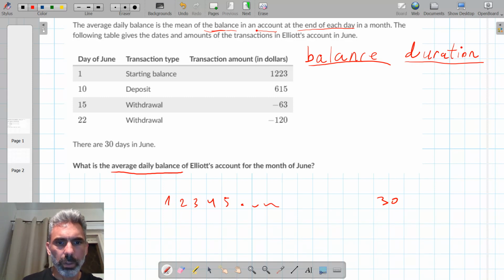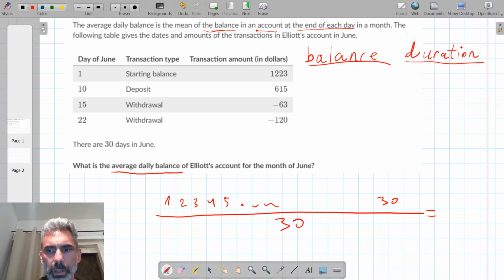So we need to know on June 1st what the balance was, on June 2nd what the balance was, on June 3rd, and so on. We need to have 30 data points and divide them by 30 to get the average daily balance.